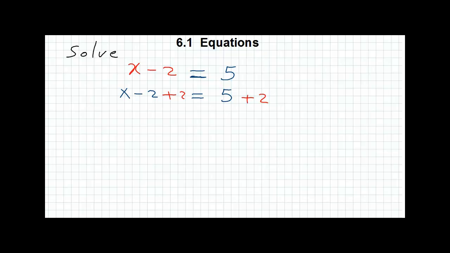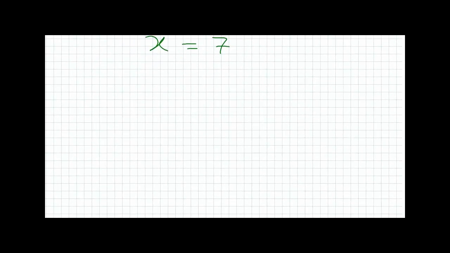This is the addition, subtraction, multiplication, and division properties of equality. It's clear now that -2 plus 2 is equal to 0. So we have x isolated on the left hand side and it is equal to 7, and this is the solution of our equation. Let us take more examples.